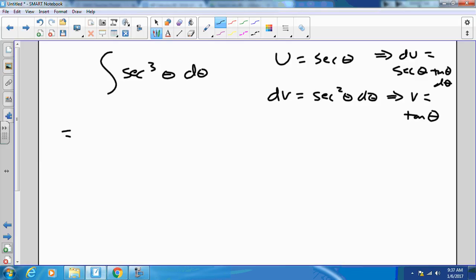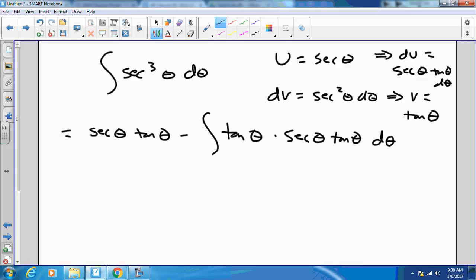This integral is equal to uv less the integral of v du. Now, first, this seems like it would be the substitution, but we can be very clever.